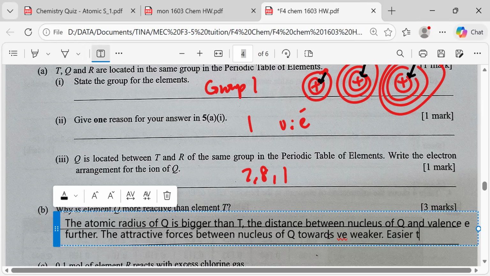So easier to release electrons. Easier for Q.